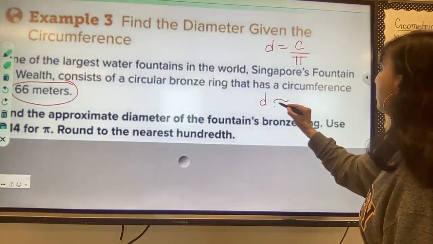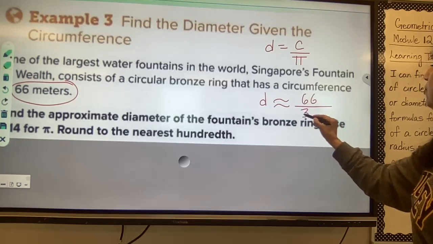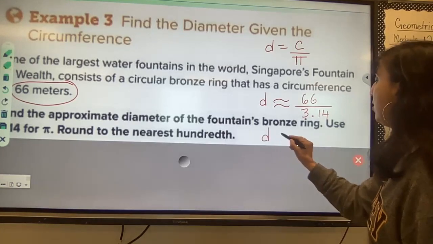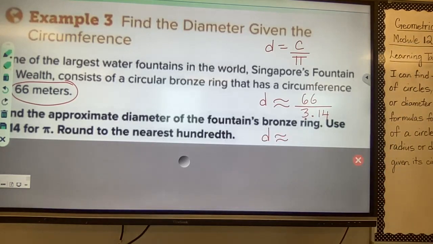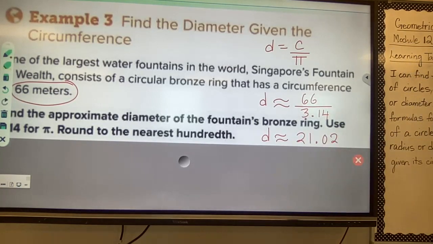So D is approximately equal to 66 divided by 3.14. When I divide this, I get diameter is approximately equal to 21.02 meters. So the approximate diameter of the fountain's bronze ring is about 21.02 meters.